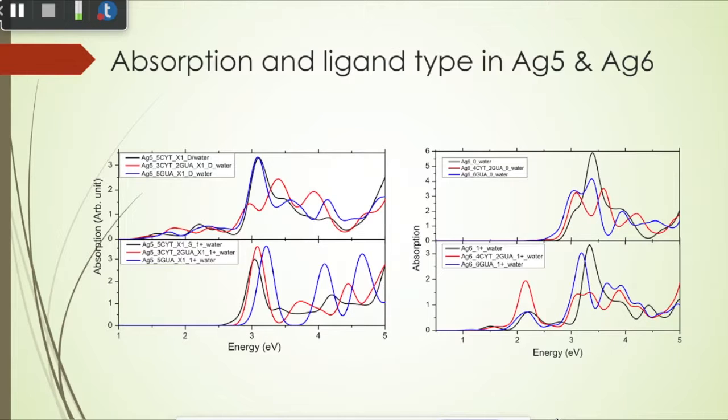I didn't show the NTOs here, but the NTOs show that in the guanine mixture with cytosine, it introduces more charge transfer from the silver cluster to the ligands. Because of that, I think it influenced the intensity of this second peak.